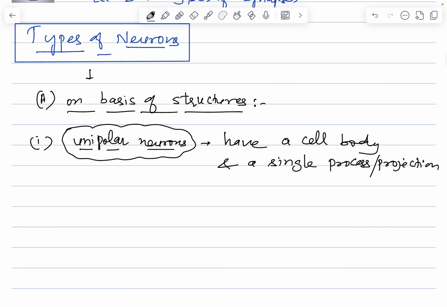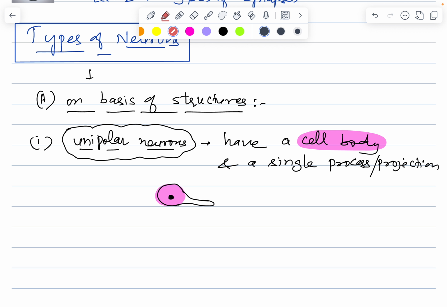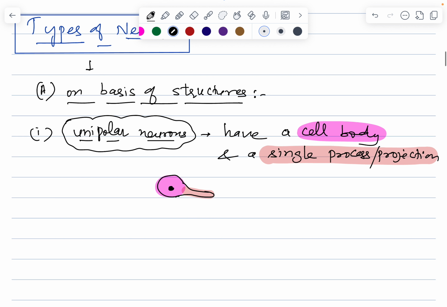So let me draw the structure of a neuron which has got a cell body with a nucleus, that's a cyton, and a single process like this. That's a unipolar neuron. Here's the cell body, this one, and a single process, that is your this projection here.